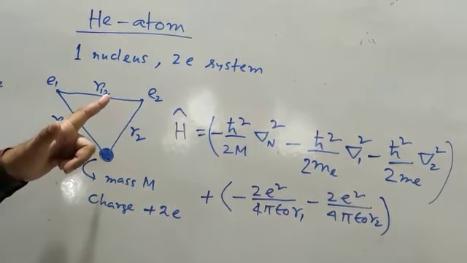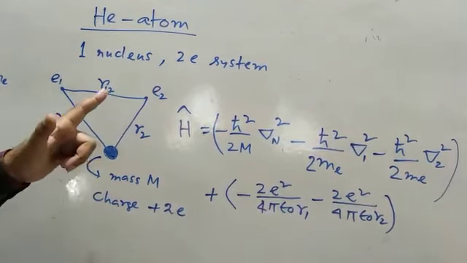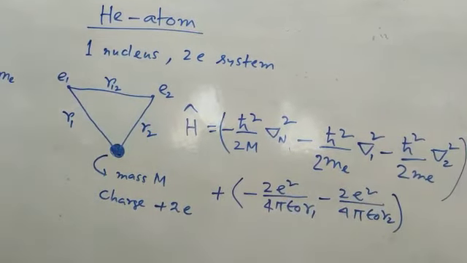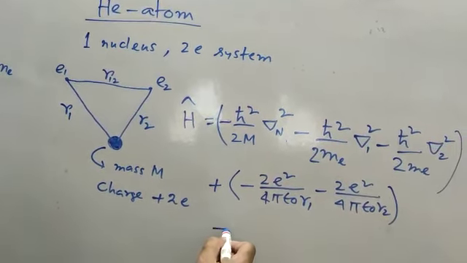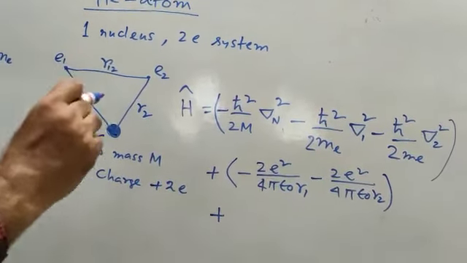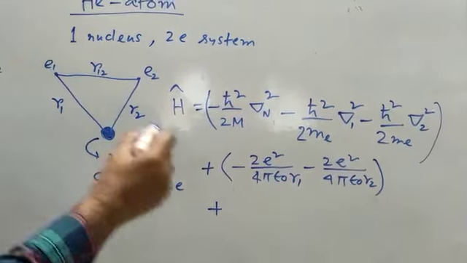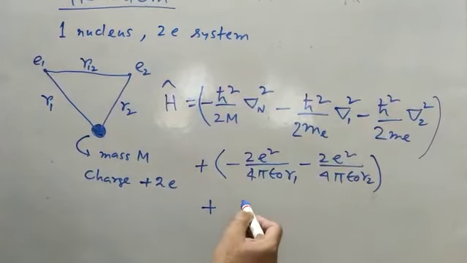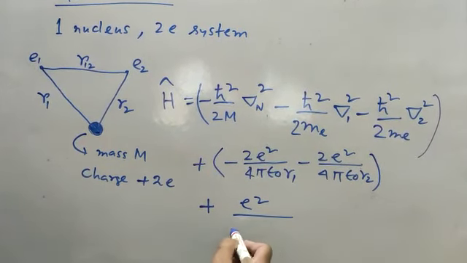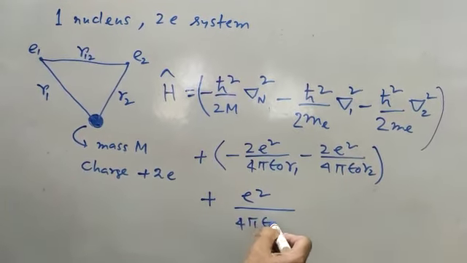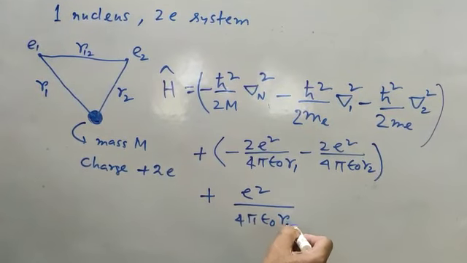Only attractive potentials are signed as negative. So here is the inter-electronic repulsion term, so we will write it as a positive term. Positive Coulomb potential, that will be e into e, that will be e square by 4 pi epsilon 0, and the distance is R12.